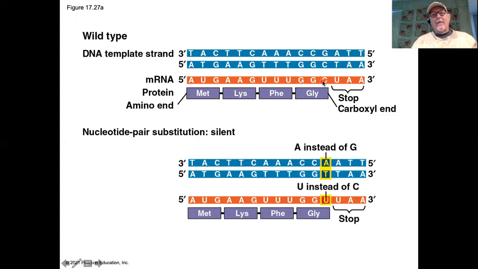Just remember that we could have several different codons coding for glycine, but all of them had this pair of bases, GG. Then there was a third. It could be C, it could be G, there could be various things there at the third base of the codon, and it made no difference. It's still coded for glycine.